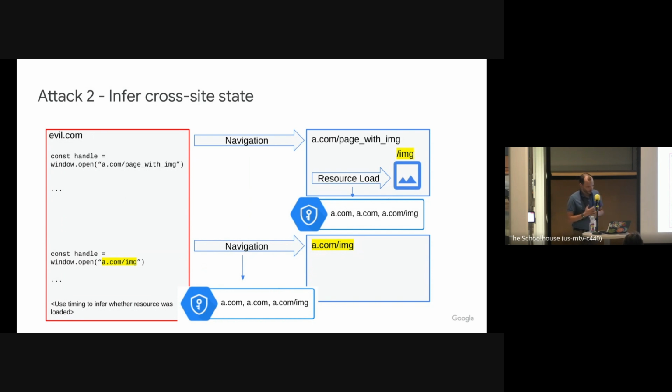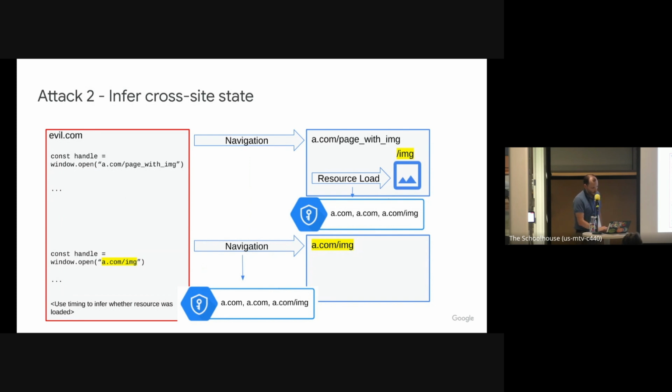So it has this conditional image loading behavior. Evil.com can initiate a navigation to this site, and then initiate a navigation to the resource that is loaded in the condition case that it's testing for. So in this case, the image that is loaded when the email search returns no results.